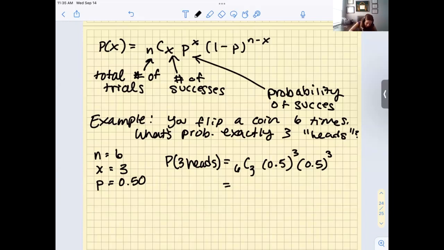This is a 3. You're not going to have your classmates to do the work for you, so you ought to try and do it yourself right now. Yeah, that's correct. 0.3125. Questions about how we got that number?